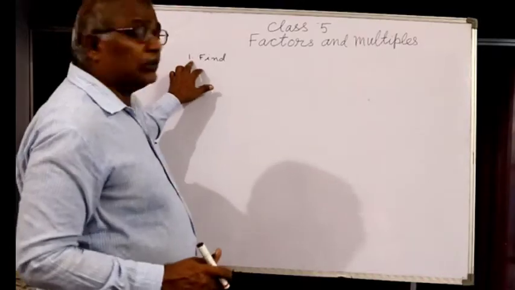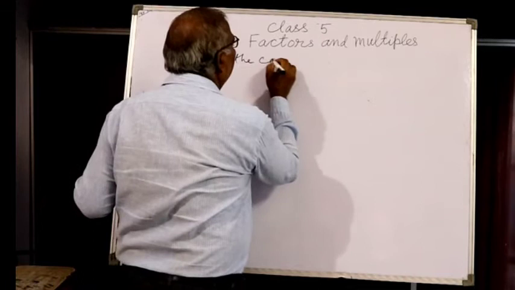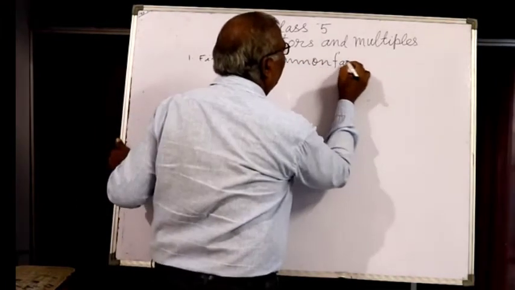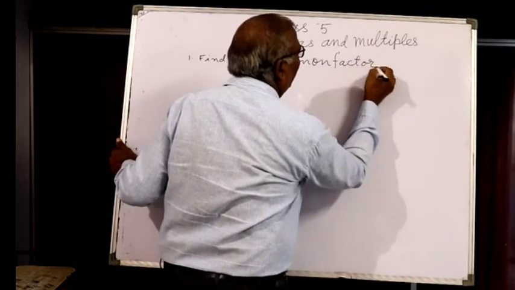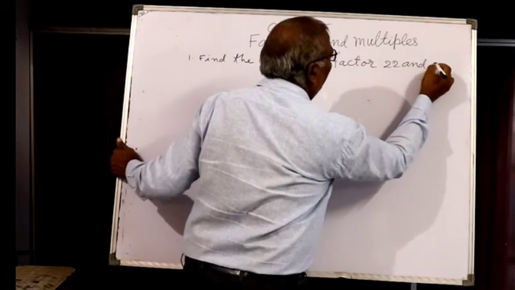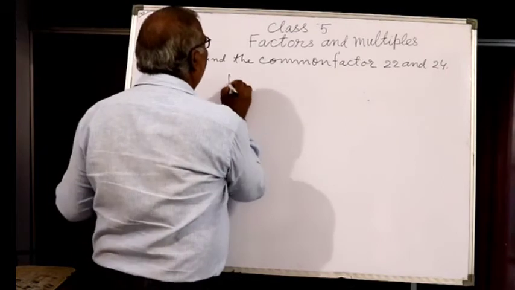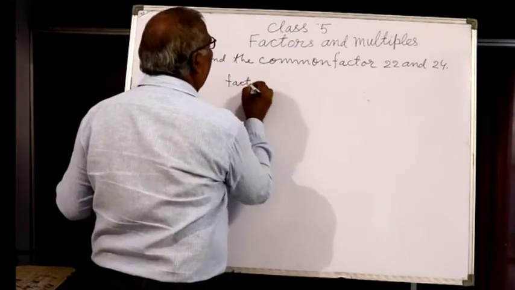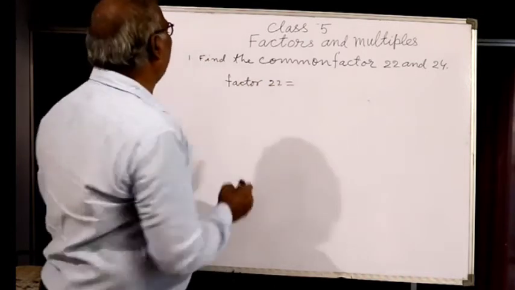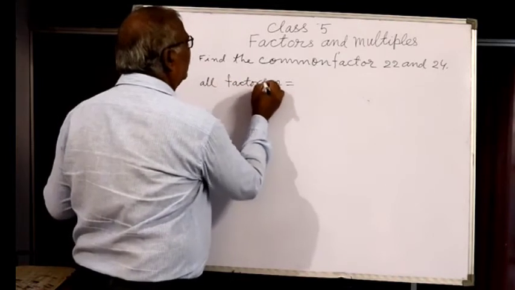Alright. First question, find the common factors of 22 and 24. Now, solution. First we will find factors of 22.